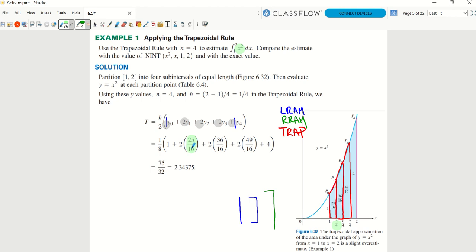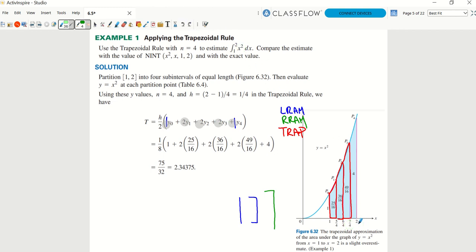That is 25/16, which we plug in for y sub 1. What is 6/4 squared? That's y sub 2, which is 36/16. And what is 7/4 squared? That's 49/16, which we plug in for y sub 3.